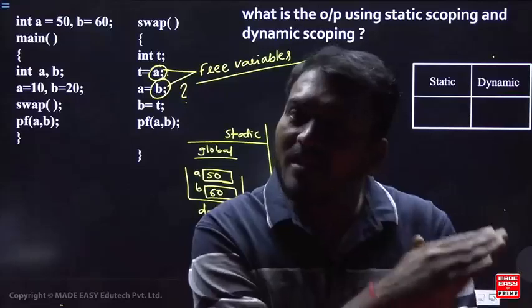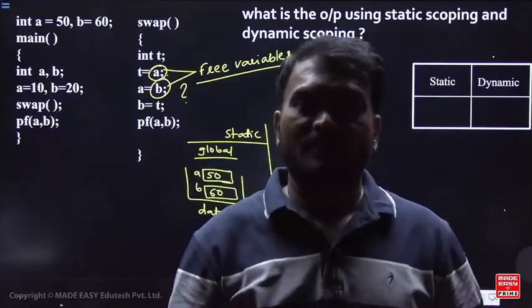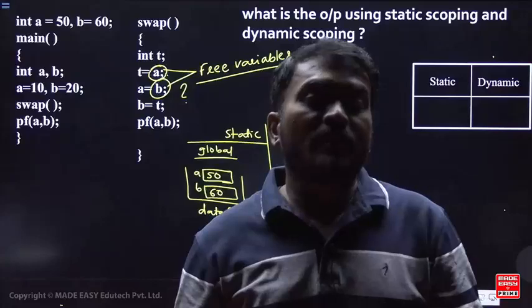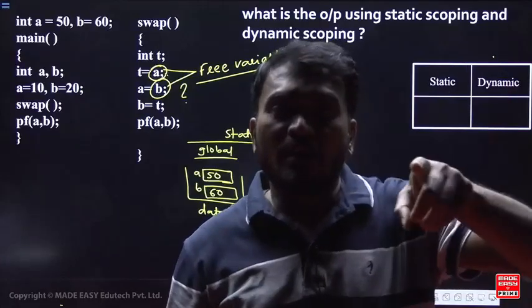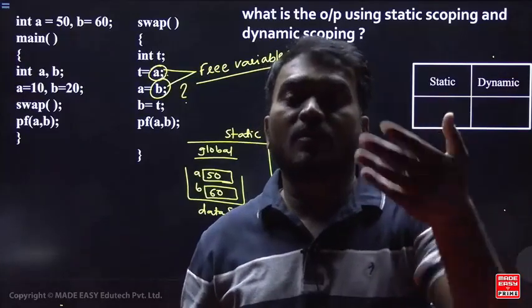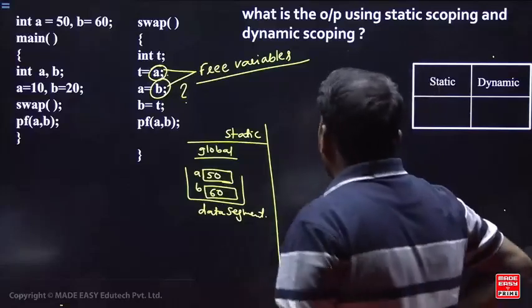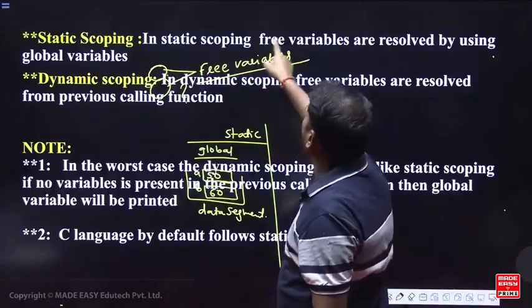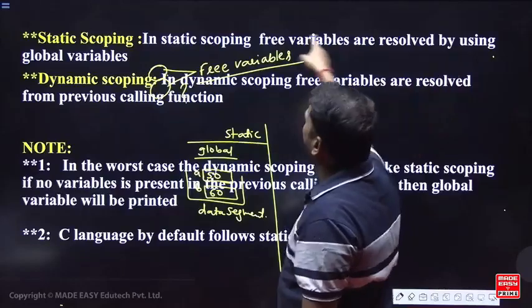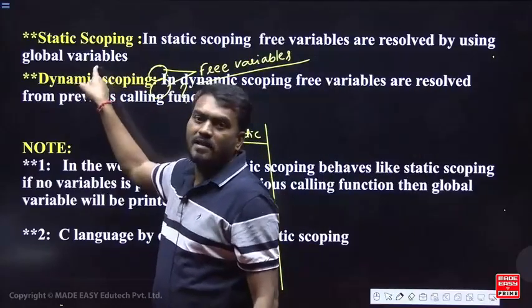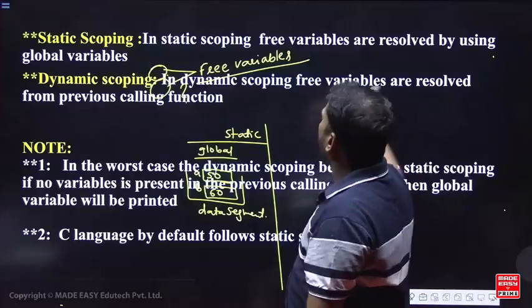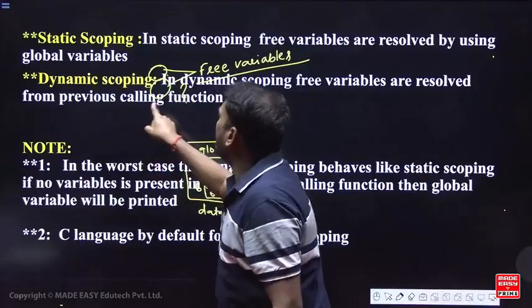Why? Just read the notes. In static scoping, free variables are resolved using global variables. In dynamic scoping, free variables are resolved from the previous calling function.